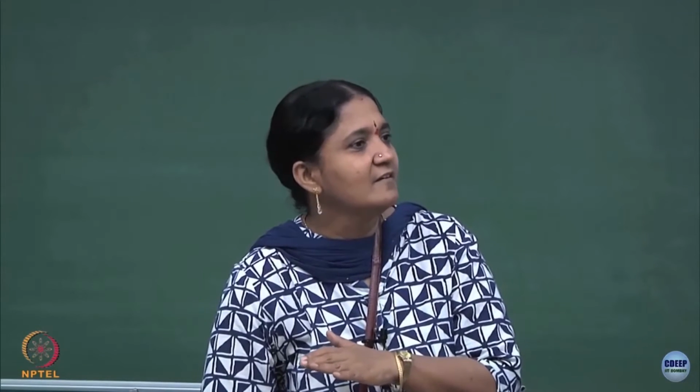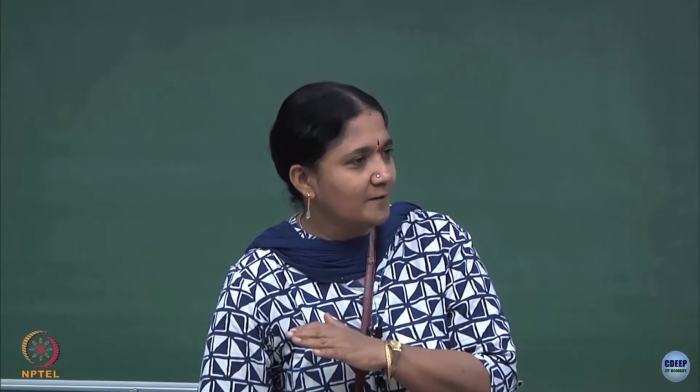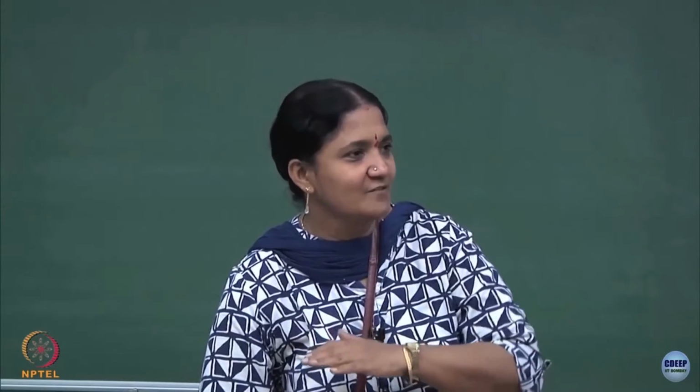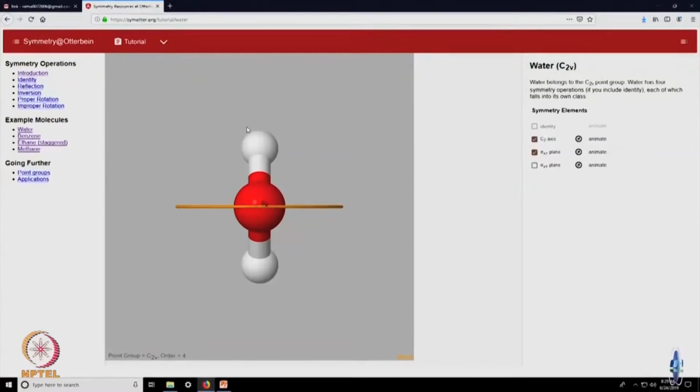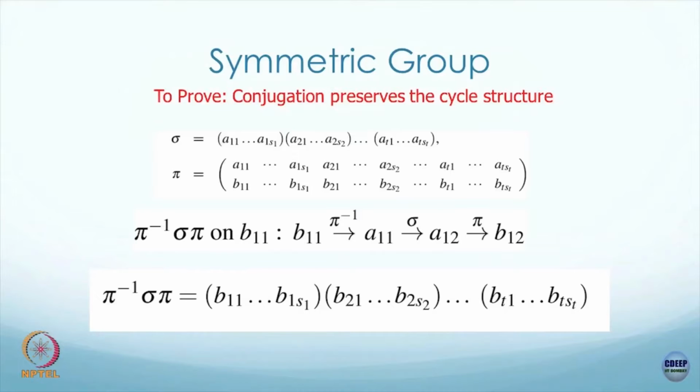CnH means a horizontal mirror, which is perpendicular to the axis. Let us follow that notation, and we are not going to follow anything other than this notation in this course. Okay. Fine. So far a warm up on how to look at the molecular symmetry.